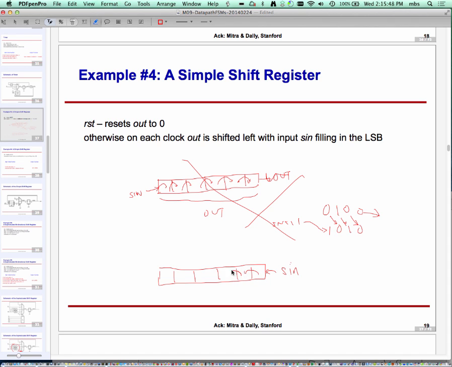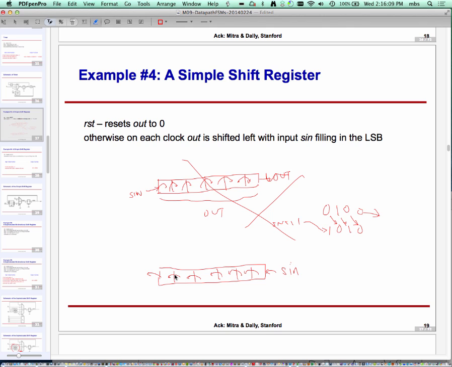In parallel, all of them are moving, so they're all transferring to the neighbor, and then the final one is discarded. So in effect, if SIN was 0, then the effect would be multiplied by 2. But SIN could also be 1.